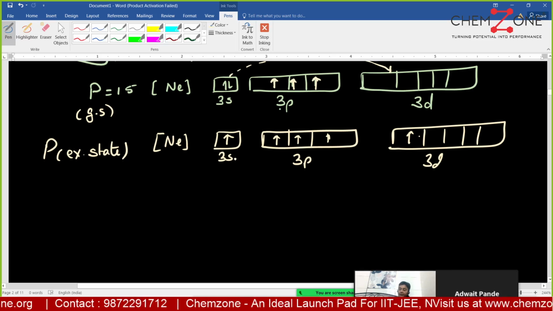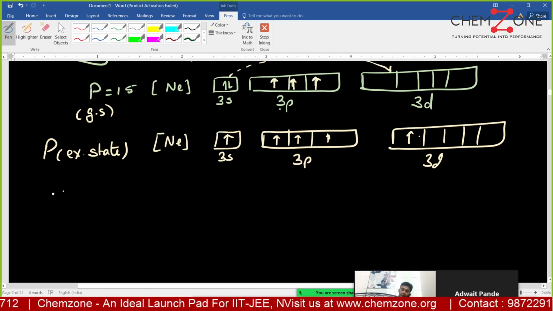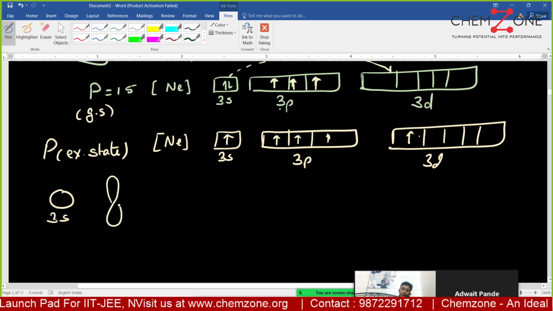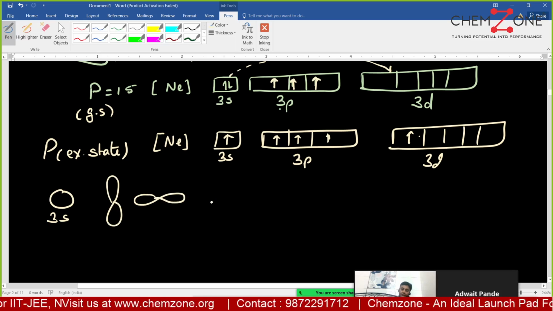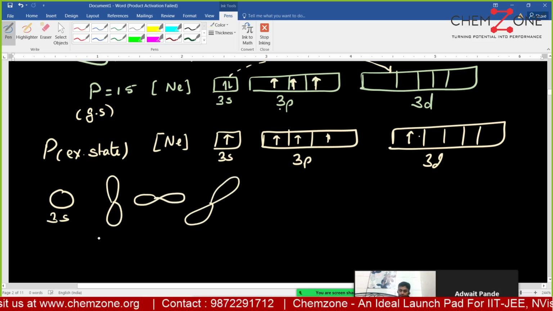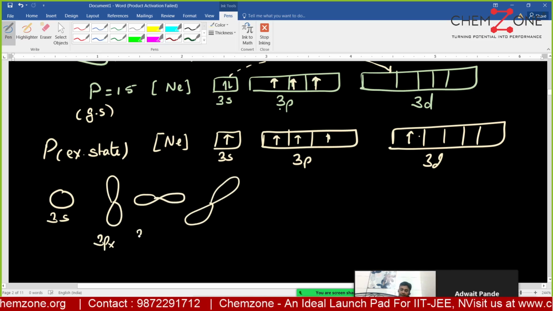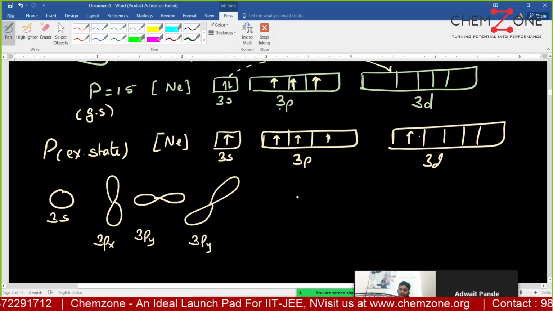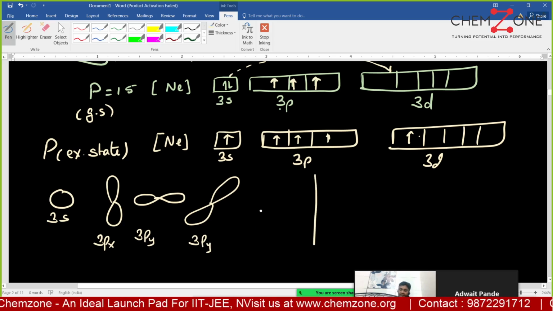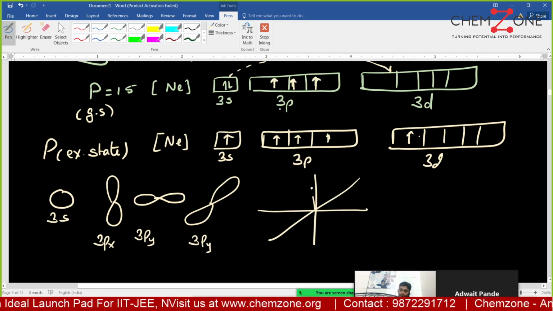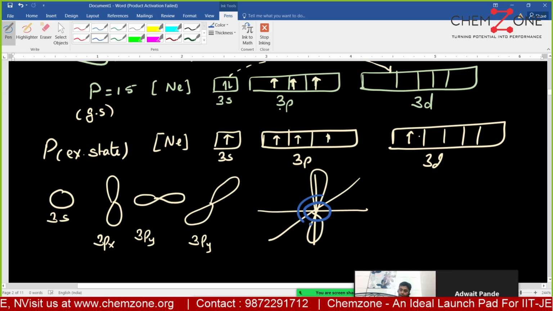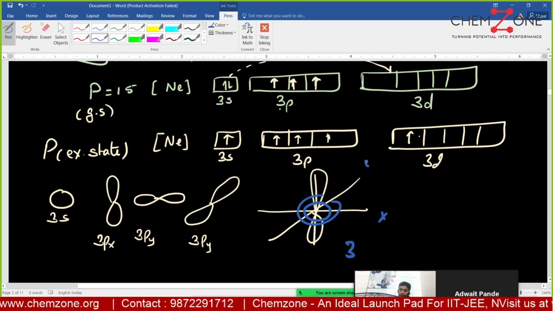And that's what I say is hybridization. So the 3s orbital is spherical, 3p orbitals are dumbbell shaped. It's 3px, 3py, and 3pz. And this is the dz square. Remember, we discussed the dz square orbital. Yeah, x, y, and z.